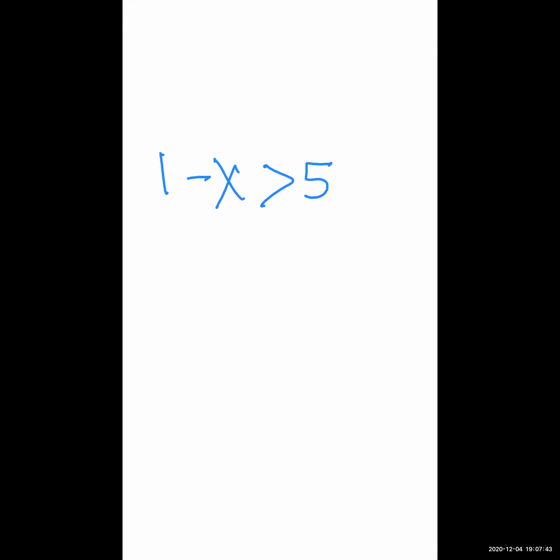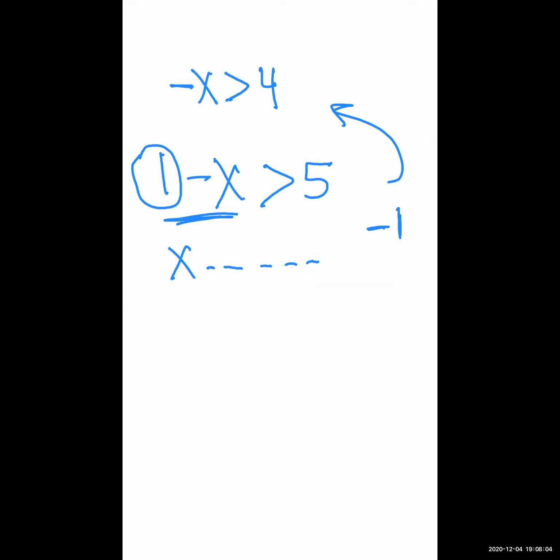Then the last one: 1 minus x greater than 5. Now, I want to remove this 1, so subtract 1 here. So negative x greater than 4, right?